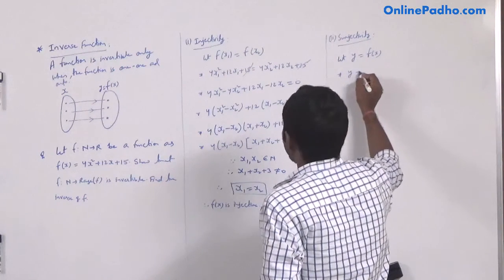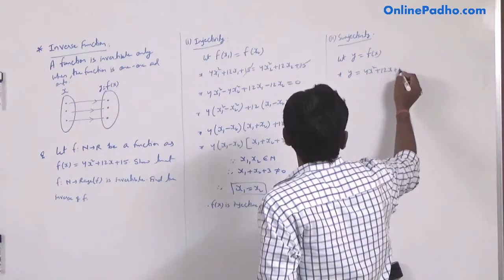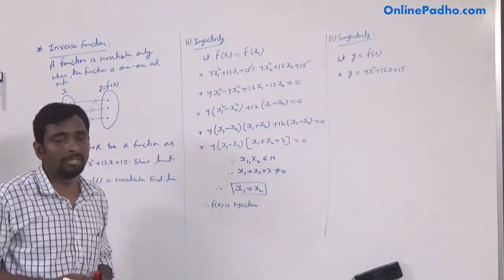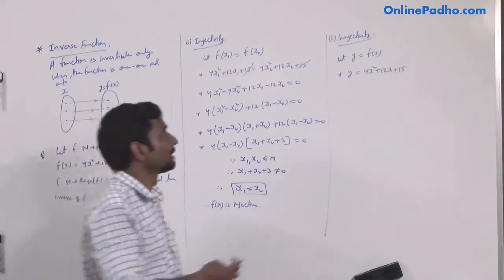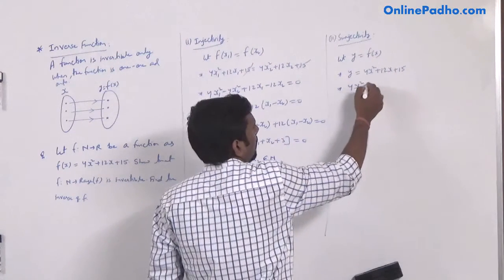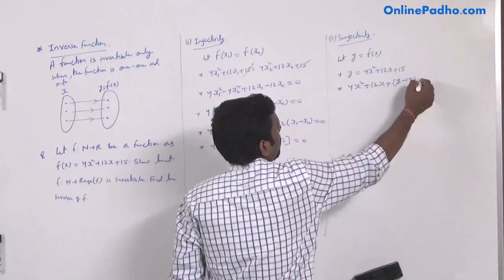So we can write it as y equal to 4x square plus 12x plus 15, right? We have to write x in terms of y to find the range of this function. So we can write it as 4x square plus 12x plus y minus 15 equal to 0.